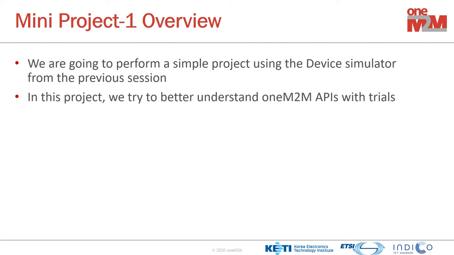So in the main project one, we are going to use the device simulator from the last session, and with the other APIs interworking or reuse for this device simulator. There will be a better understanding of oneM2M APIs with the group feature.